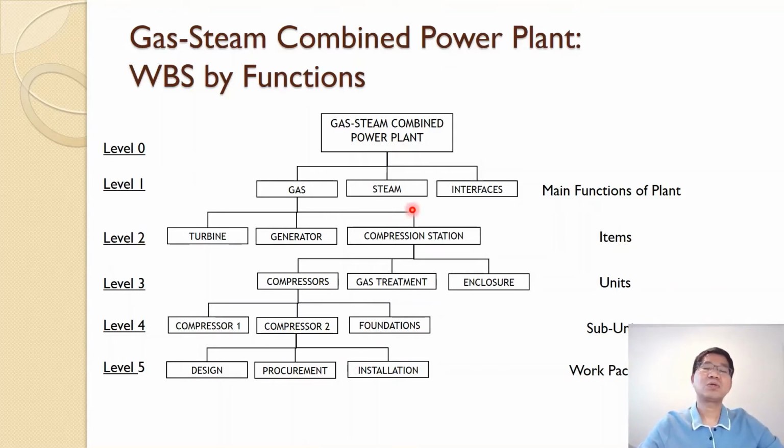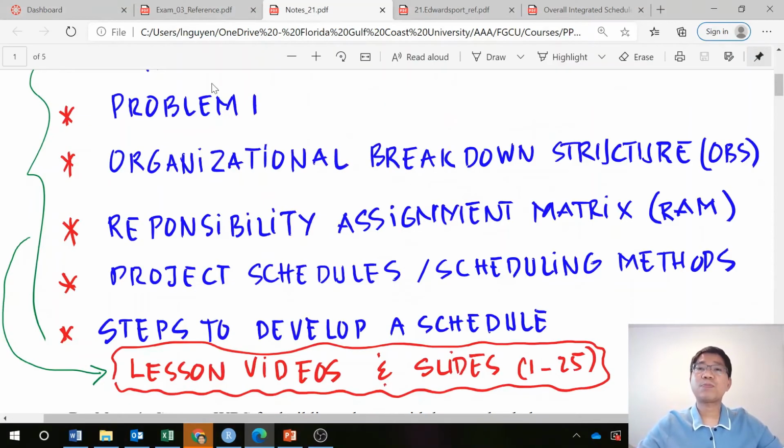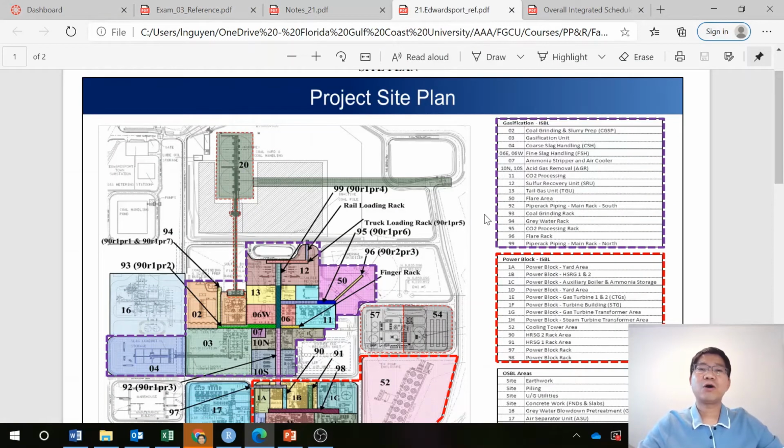And the same continues for other types of work, if you keep breaking down the generator, the turbine, etc. If the project becomes complicated, a graphical presentation like this is difficult to present, and we can do it in a spreadsheet, as I showed you in the Edward Sport project that we talked about on the very first day of the class.